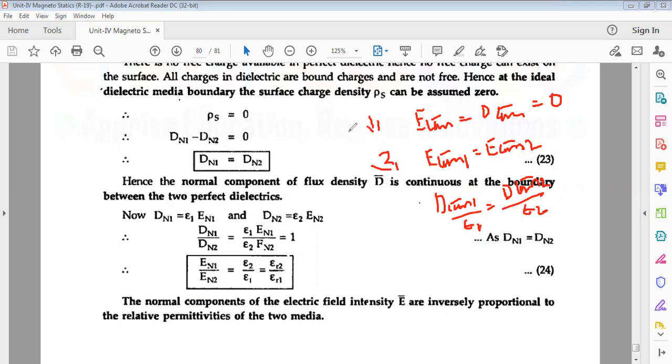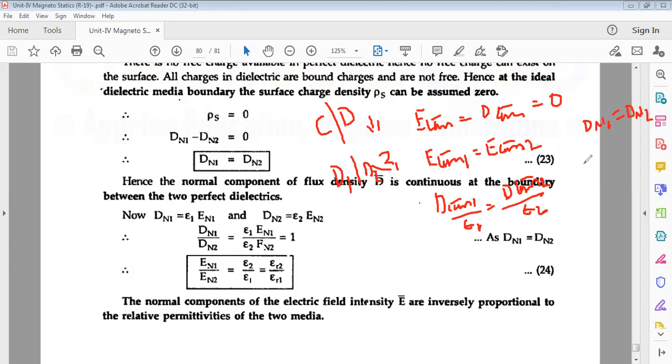These are the tangential components between the conductor and the dielectric, and here it is dielectric 1 and dielectric 2. But in the normal components, for the second case, Dn1 is equal to Dn2.